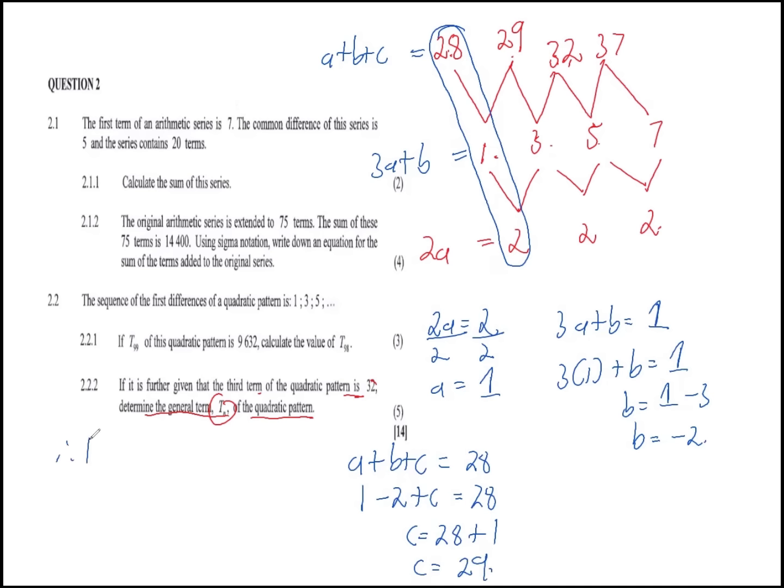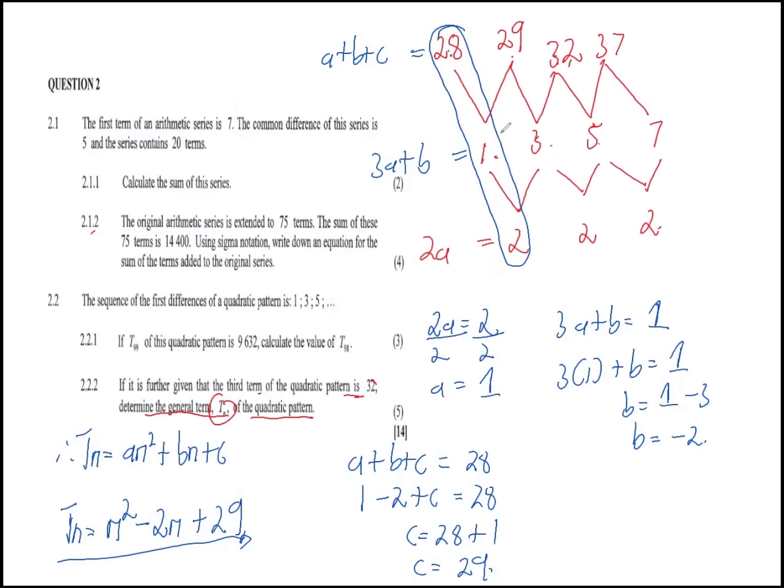That means my Tn in the form of an squared plus bn plus c is n squared, my b value is negative 2, so negative 2n, and my c value is 29. And there we go, 5 marks. I now have the equation.